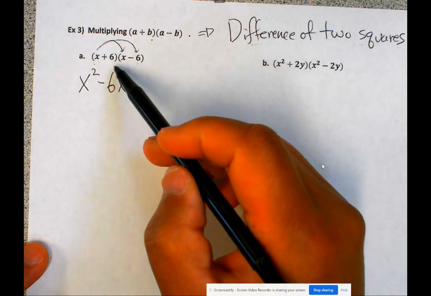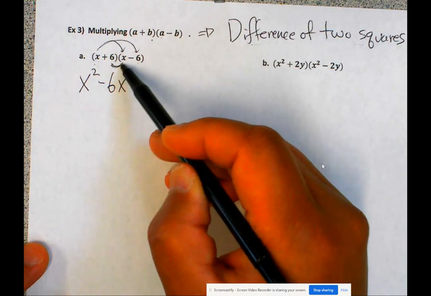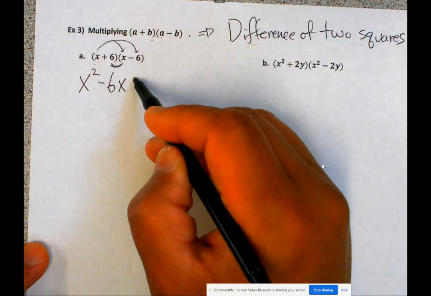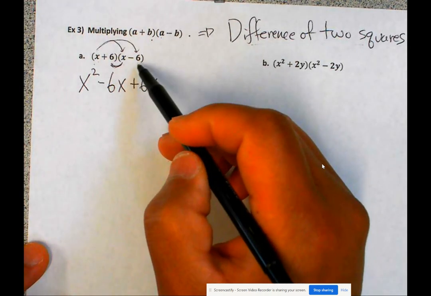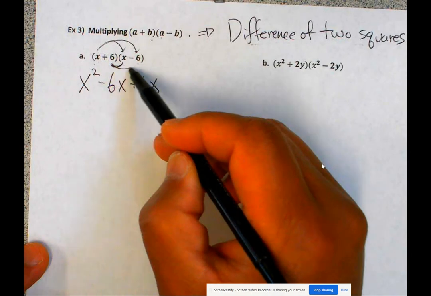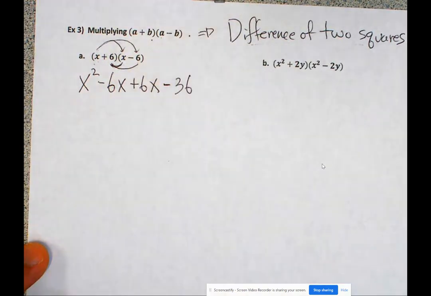I will be inner, right? So this will be the inner ones, so positive 6x. L will be last. So 6 times -6 will give you negative 36, which are the last numbers.